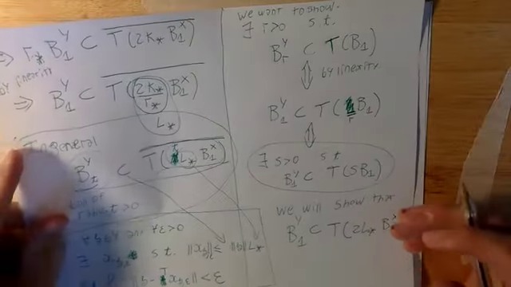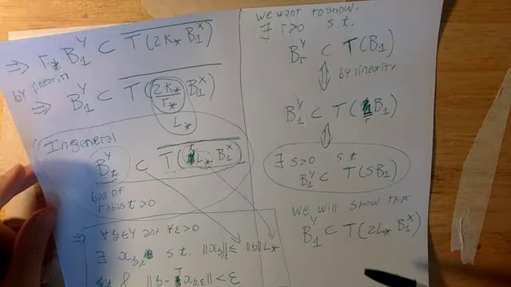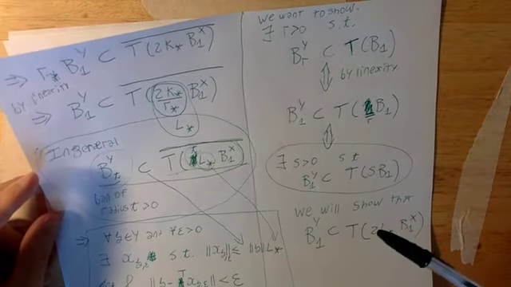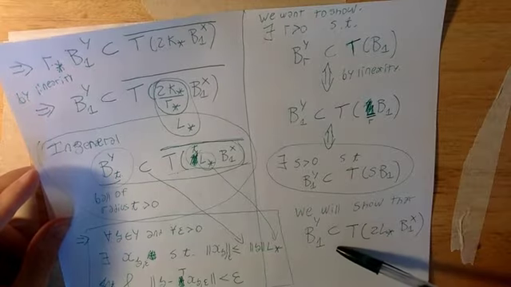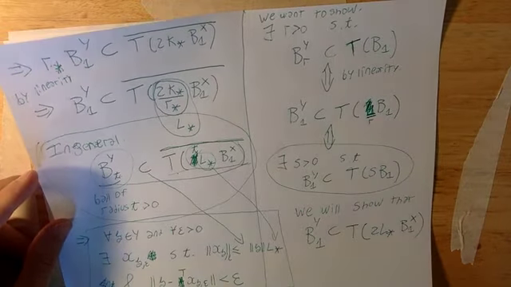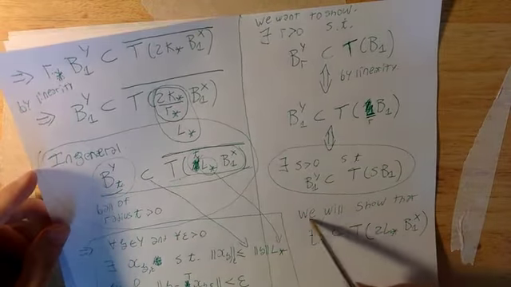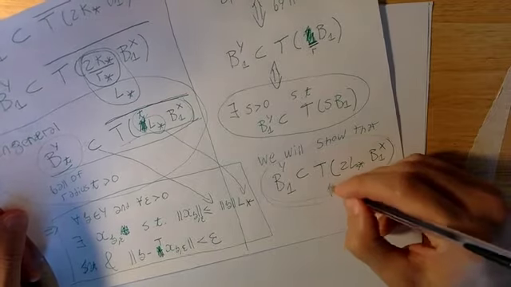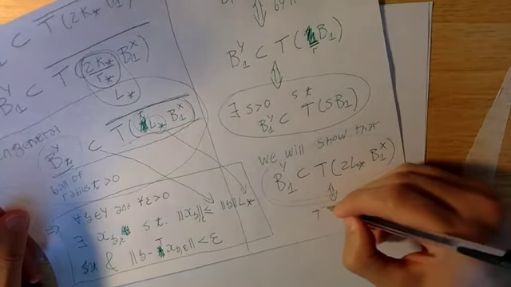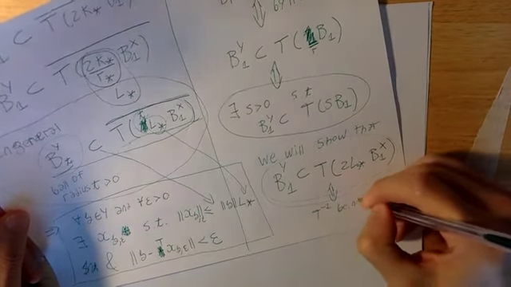Just to remind you a bit, this is fairly similar to what we were doing in the corollary of the open mapping theorem. So basically, this thing here is sort of equivalent to T inverse being bounded.